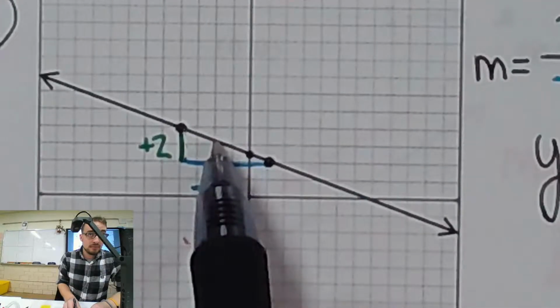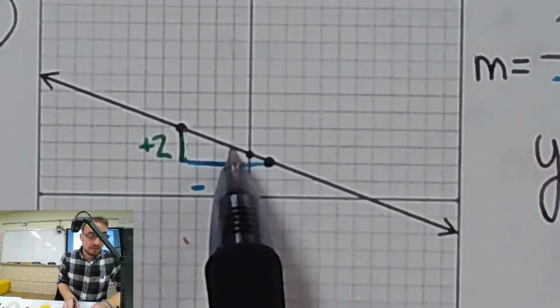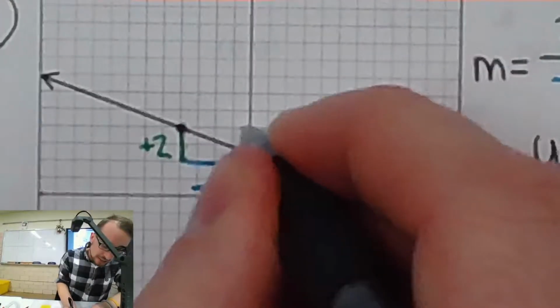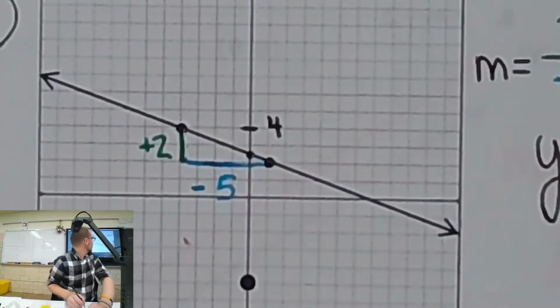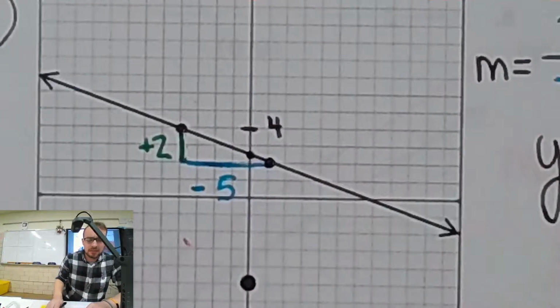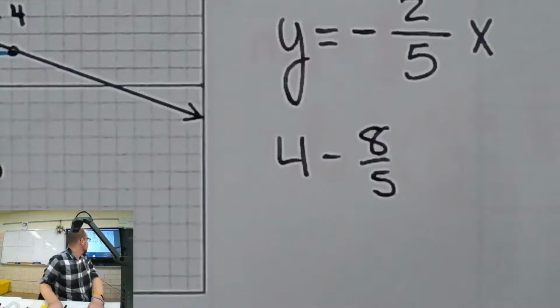If I go over 3, I've gone down 6/5. If I go over 4, I've gone down 8/5. So notice I started at a height of 4, and I went down 8/5. So where do I end up now? Well, that's a math problem. 4 minus 8/5 is where I end up.